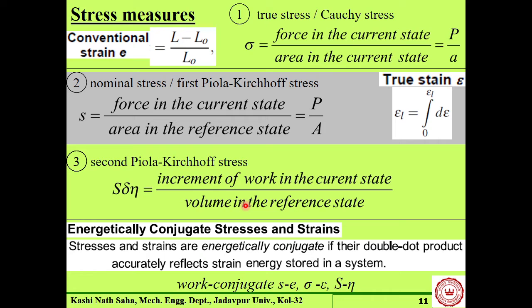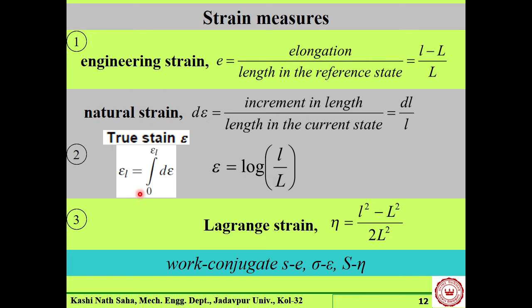This is how this particular strain is defined, and what is this strain? This is known as the Green strain or Green Lagrange strain. You recall that this is the value we measured in our strain analysis, where we had a definition of the nonlinear strain. How was that measured? P star Q star squared minus PQ squared divided by twice PQ squared.